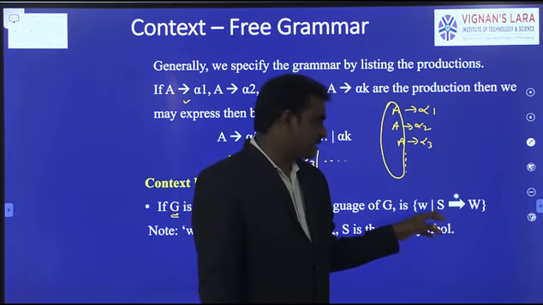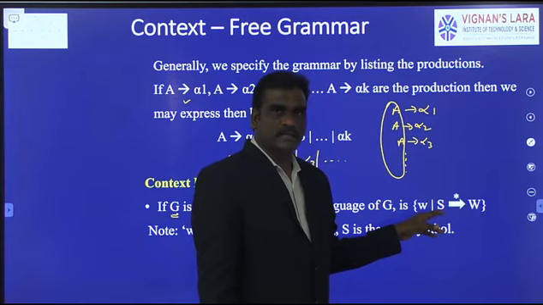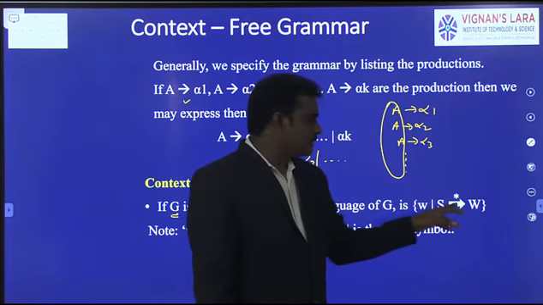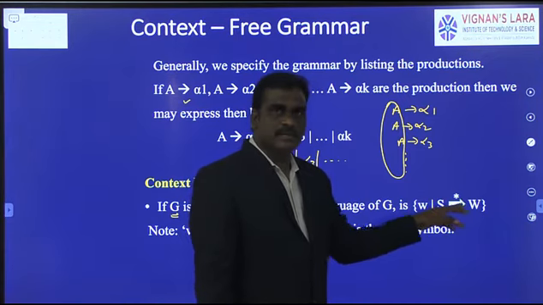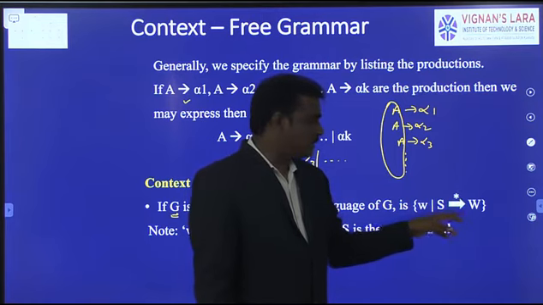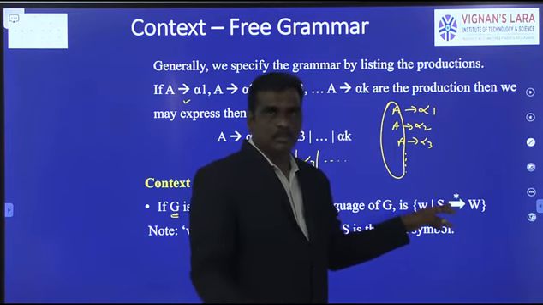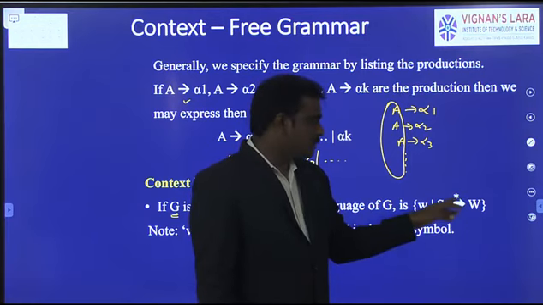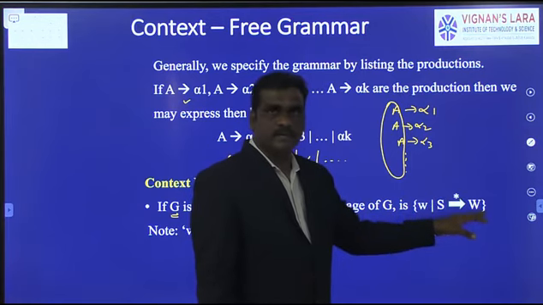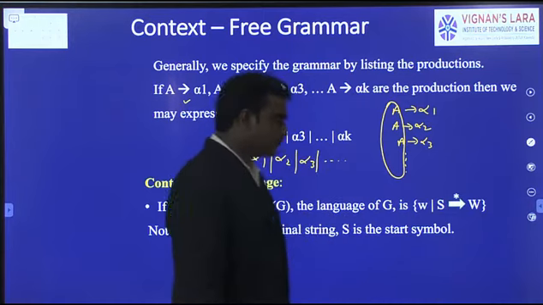For example, take S as the starting symbol. This double arrow represents the derivation, and star indicates zero or more steps. So after zero or more steps, finally we derive the input string W.